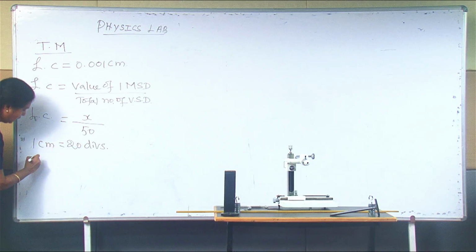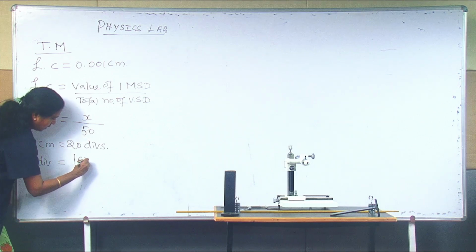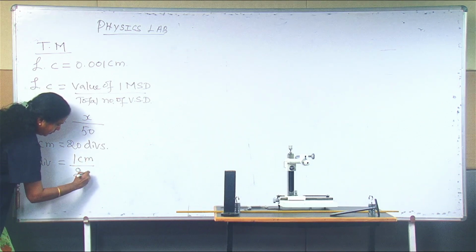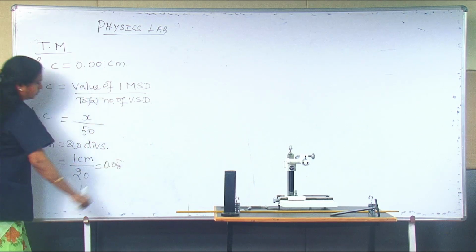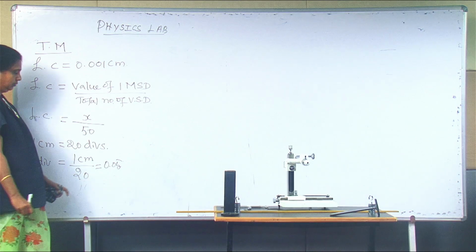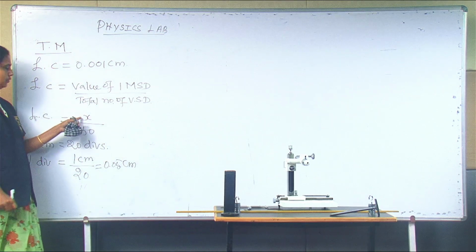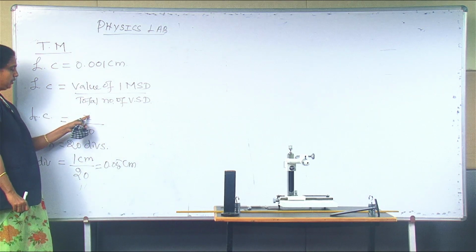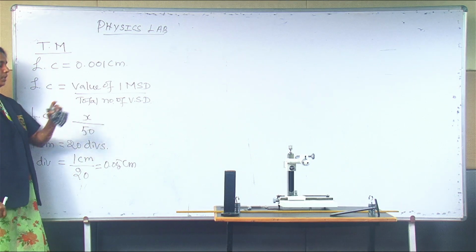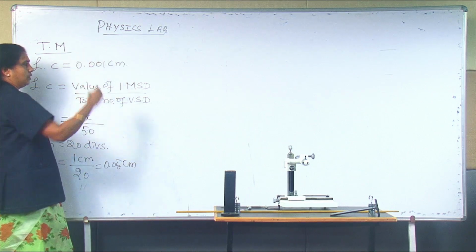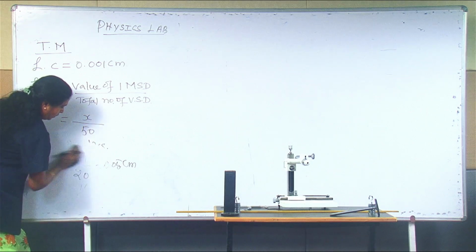So the value of 1 division in the main scale is 1 centimeter divided by 20, which is equal to 0.05 centimeter. So if you substitute that value, 0.05 divided by 50, that is equal to 0.001 centimeter. So that is the least count value I told you. Okay, like that you have to find the least count value.